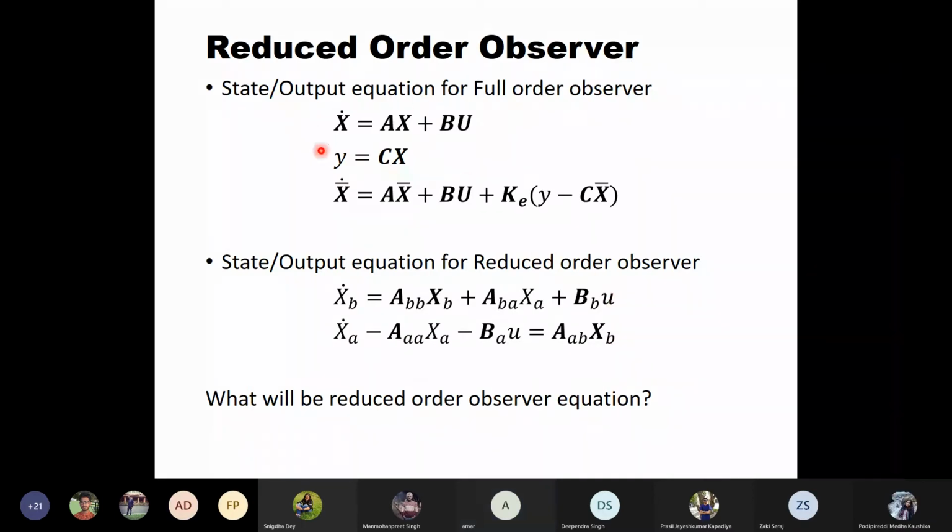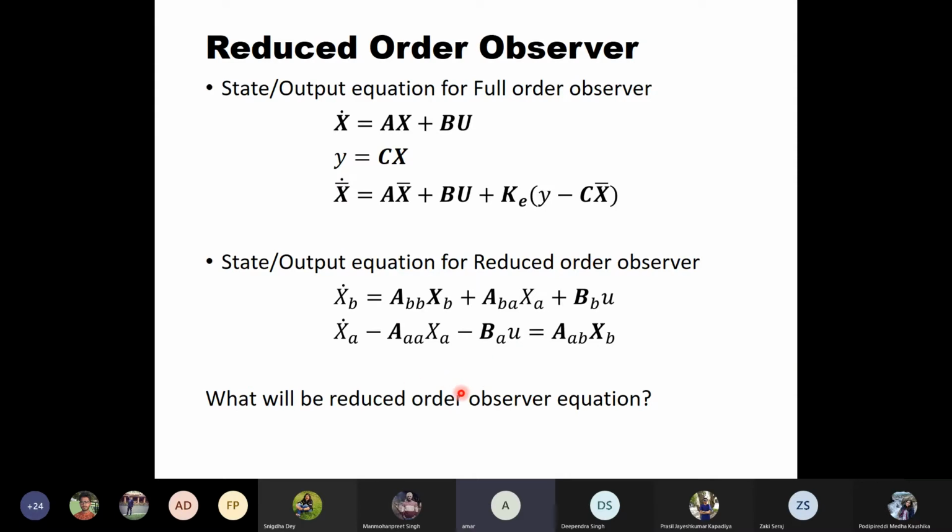So, equivalent to these two equations, I have these two equations. Which means x dot equals Ax plus Bu corresponds to xb dot equals Abb xb, and Bu will be given by this term. Similarly for y, the y term will be given by this term, and Cx will be given by this term.